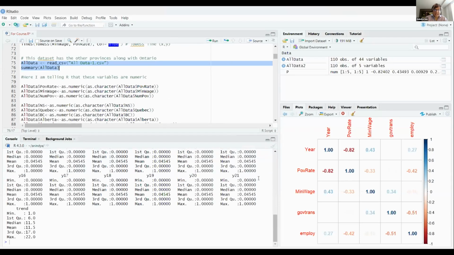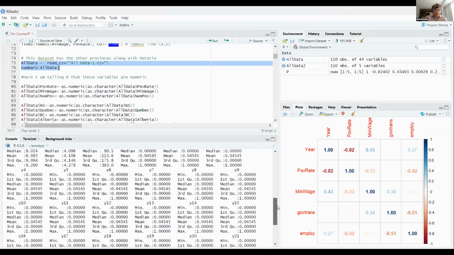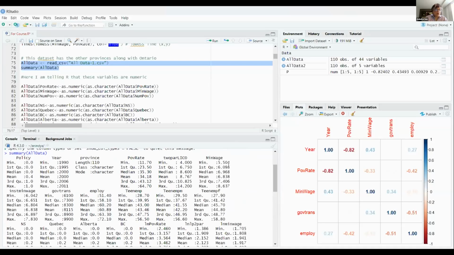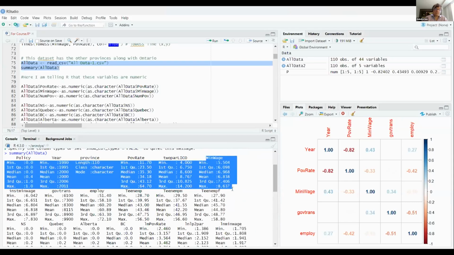So you see that R has read in my CSV file, and it's automatically giving me the summaries for each of the variables. If you look at the poverty rate, this is the min value, the median, mean, the maximum value of this variable in my data set. And similarly for the minimum wage, right?